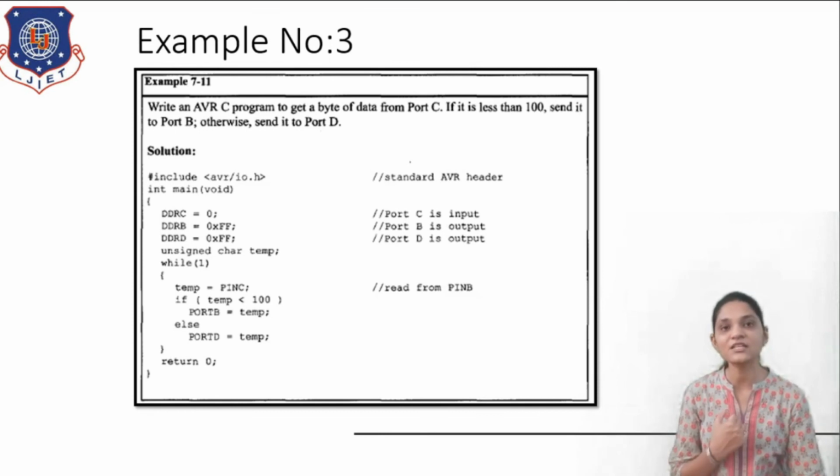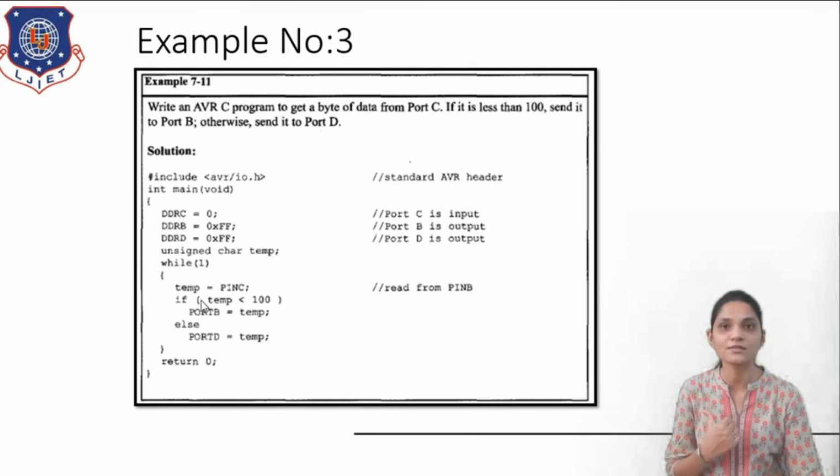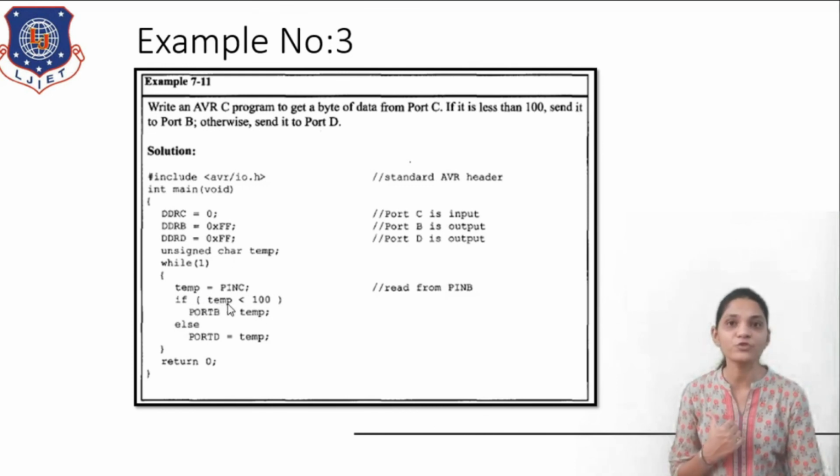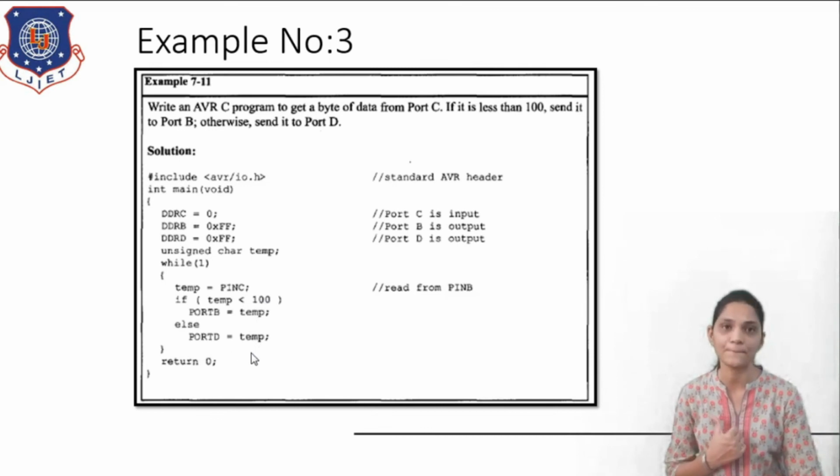So for checking the condition we have to use if and else. First we will get the data from port C by using the PINC label and storing it into the temporary variable by using temp equals PINC, and then we have to check if this temp is less than 100, then send it to port B. So for this we have the statement PORTB equals temp, and otherwise, if your data is greater than 100, then you have to send it to port D. So for this we have PORTD equals temp.